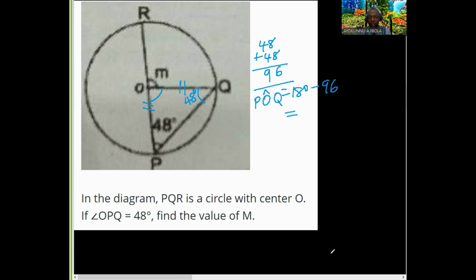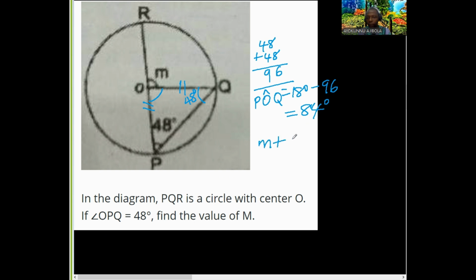Is that clear? Yes, sir. So what is 180 minus 96? 84. So that angle at the center is what? 84 degrees. Then we're looking for M.